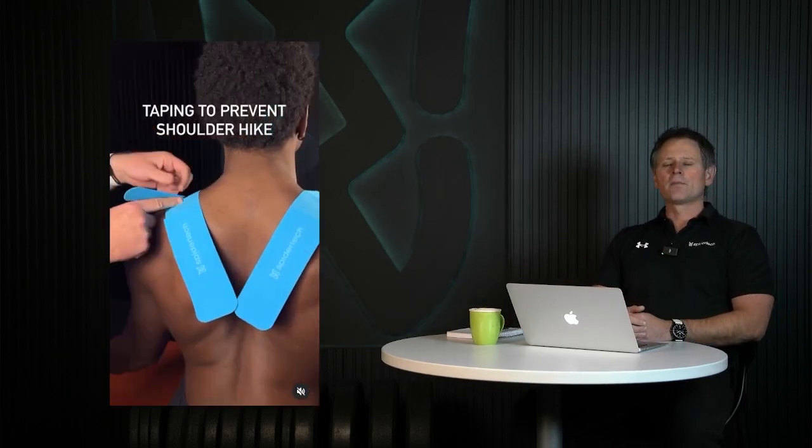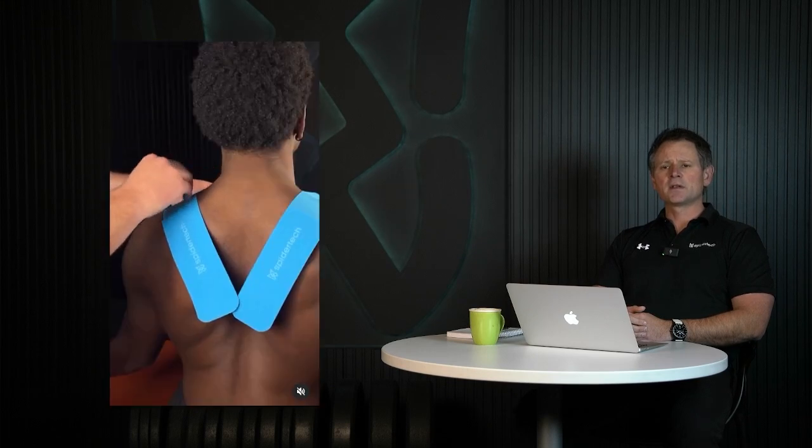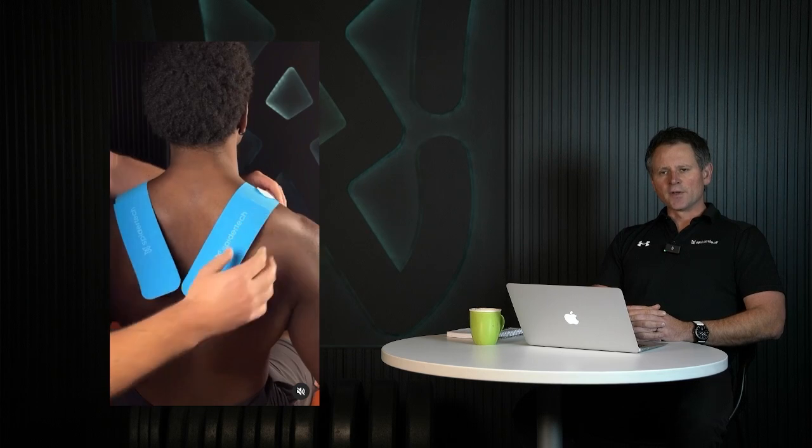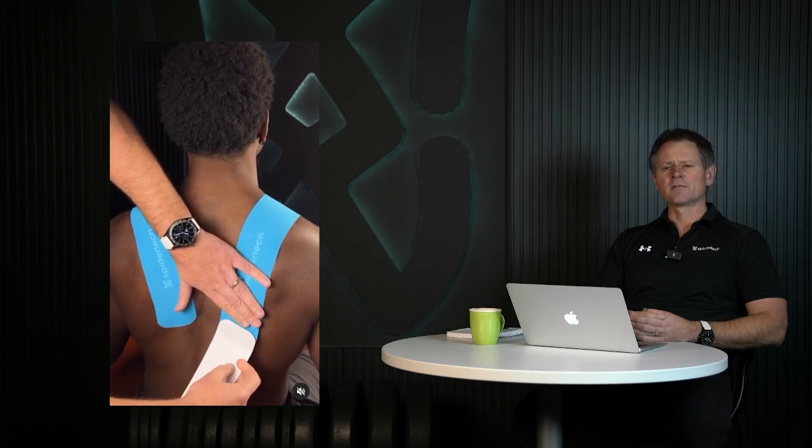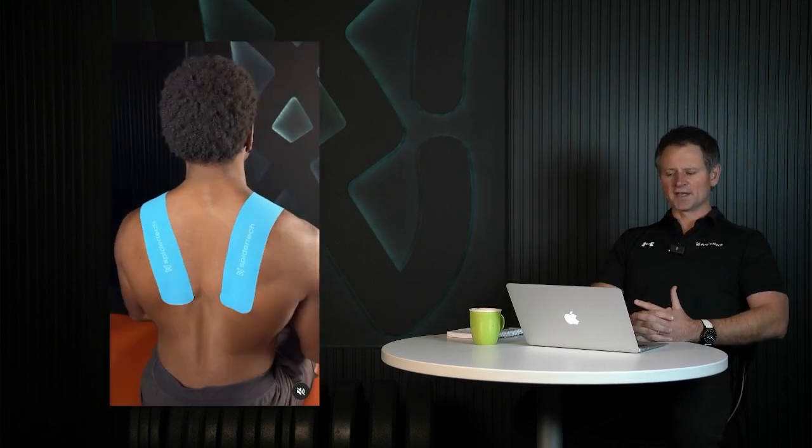And then I'll place the remaining pieces down over top of the thorax. You can go with a little bit of stretch, you can go with no stretch, but the reality is as soon as they roll forward into kind of flexion, they're going to feel that tape straighten them back up.